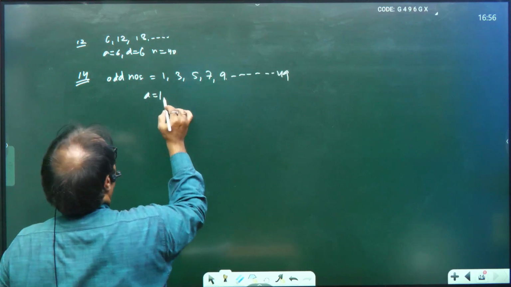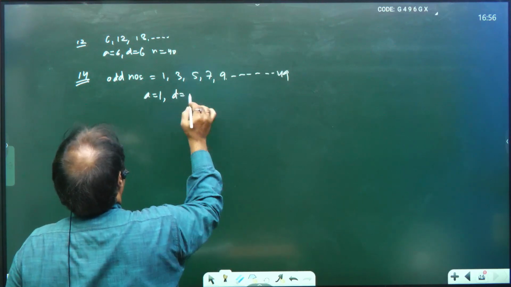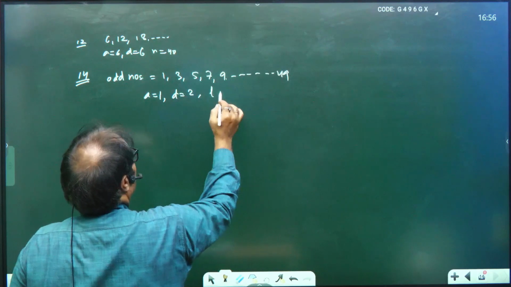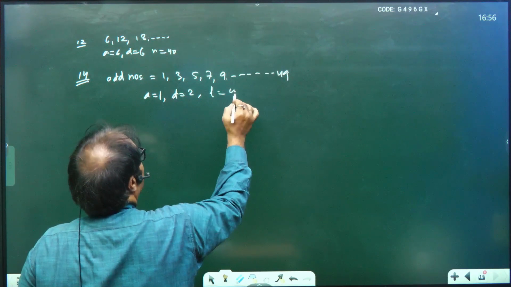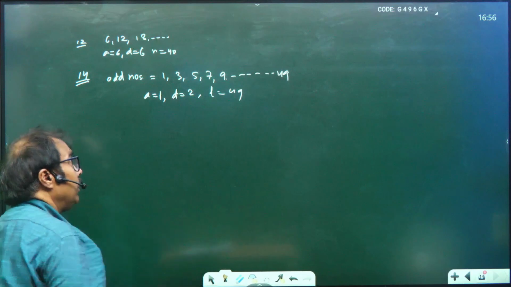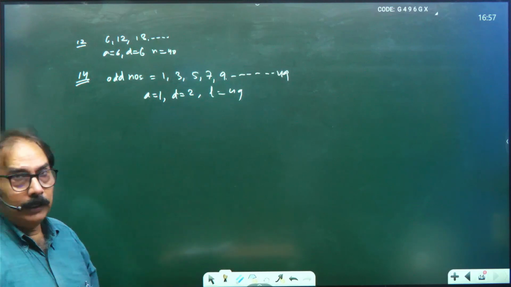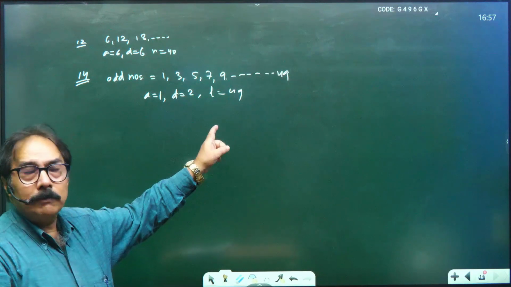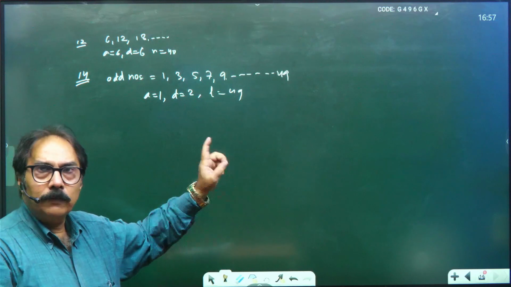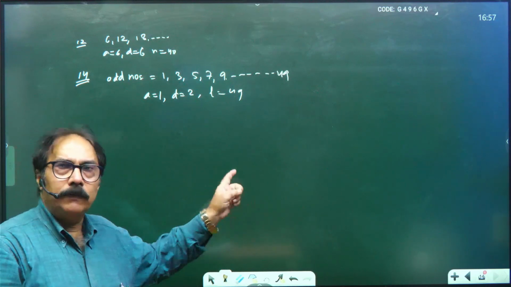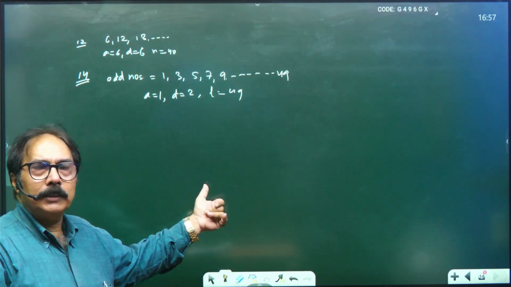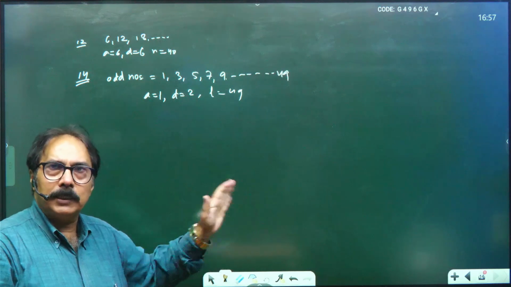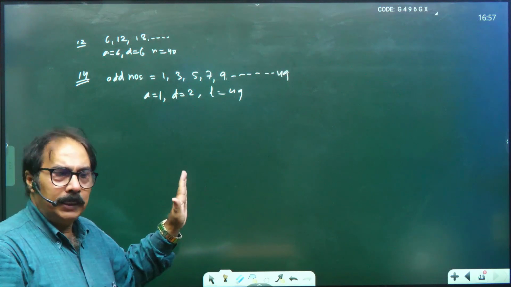A is 1. What about D? D is 3 minus 1, 2. And what about L? L is equal to 49. Okay. Now, listen here. L is given 49. By applying the formula, L is equal to A plus N minus 1 into D, find n, and after getting the value of n, apply the formula Sn is equal to n by 2 into a plus l, right? Will you complete?